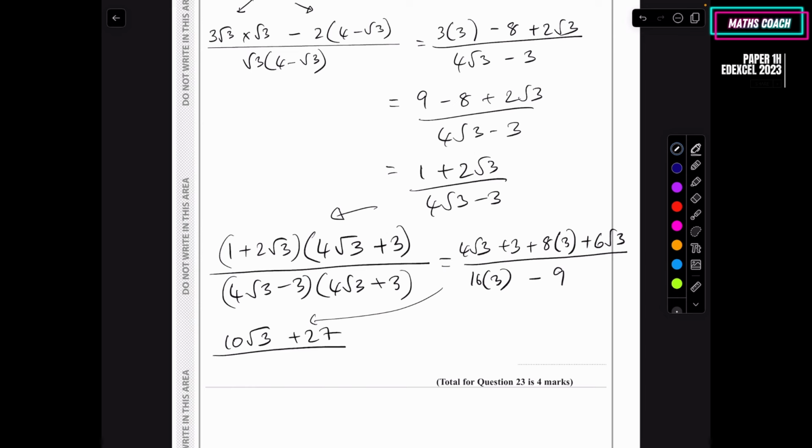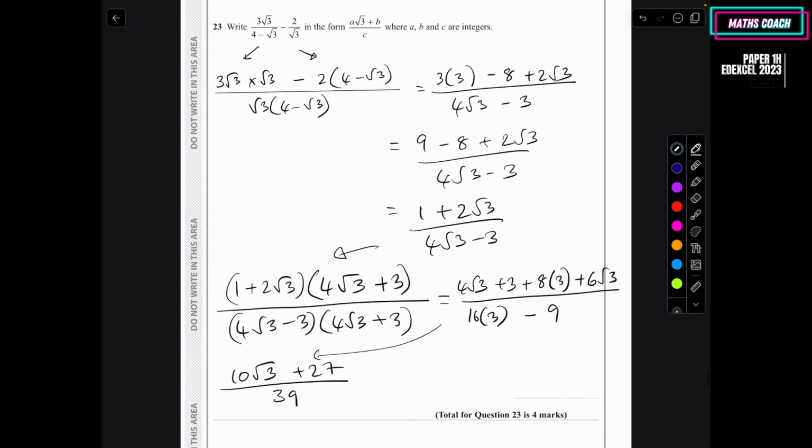On the bottom, we've got 16 times 3, which is 48, and 48 take away 9 is 39. Now what we got, let's compare it up here. So A is 10, B is 27, and C is 39. Okay, there you go. So A equals 10, B equals 27, and C is equal to 39.